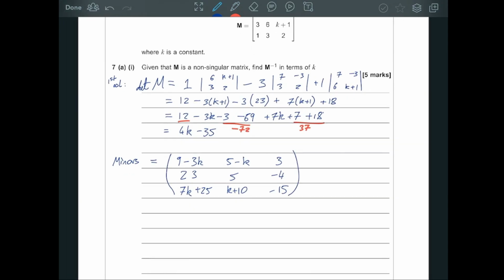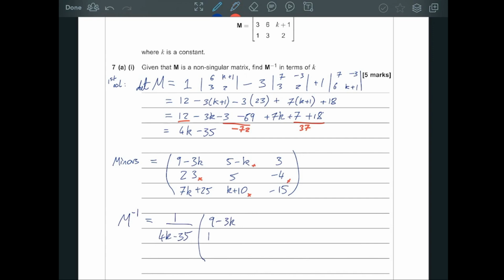So we can now do our cofactors and our M inverse. I personally prefer to jump straight to M inverse now, because the cofactors is just swapping some signs, and the final step is then the transpose. So I'm going to write out the matrix again, but each row is going to become a column, and I'm going to swap the signs in the 4 positions there.